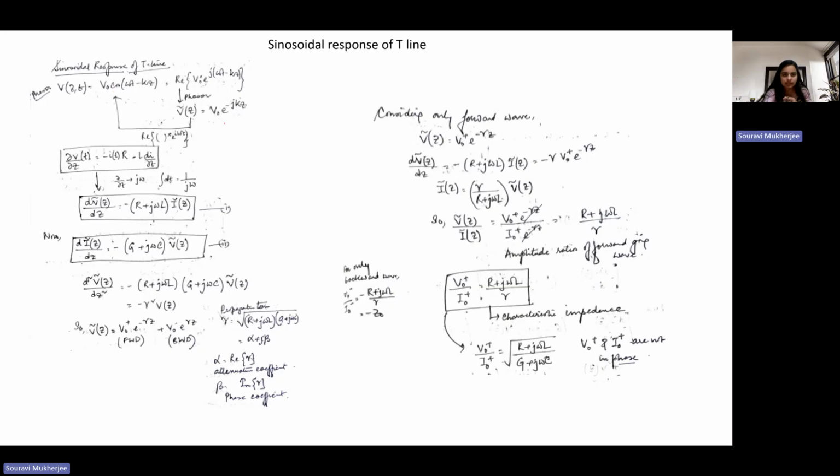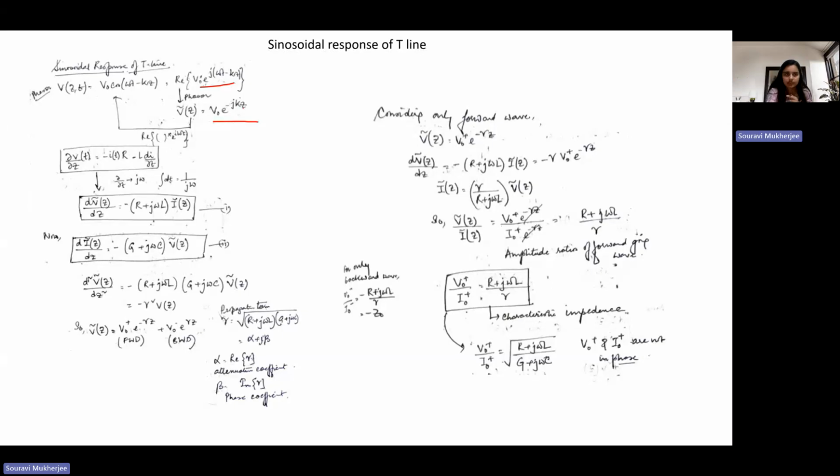So in a phasor form, you can write it as the real part of something like this, and for the phasor you can ignore the time dependence and write V as a function of z as V naught e to the power minus j kz.